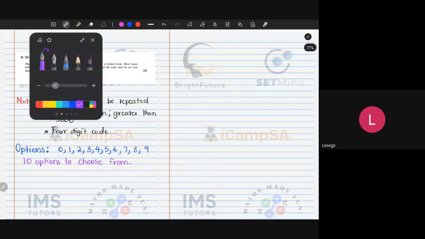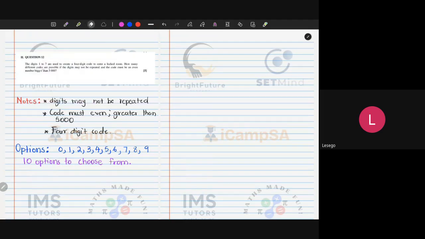Oh, look, they said the digits 1 to 7 may be used. I was ahead of myself. So this is what we can choose from: 1, 2, 3, 4, 5, 6, 7, so 7 options.